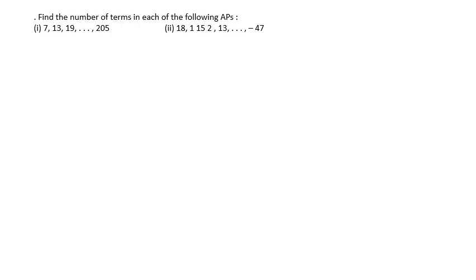Now let us see the question. Find the number of terms in each of the following APs. What are they asking? Are they asking an? Are they asking n? Are they asking d? Are they asking a?